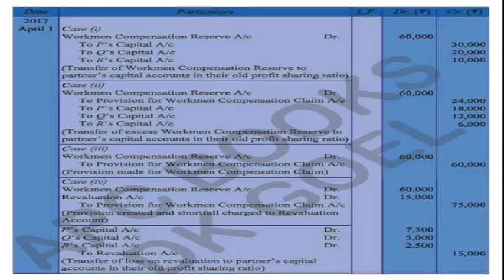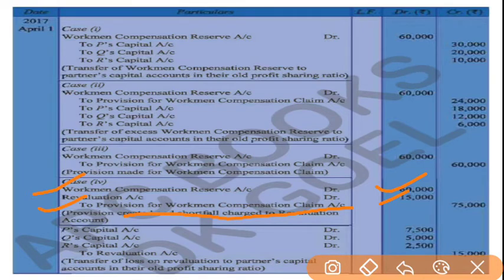See how we will do. First of all, workers compensation reserve is 60,000, revaluation account will be debited by 15,000, and provision for workers compensation claim is 75,000. So we are having 60,000 as our reserve, but the claim is 75,000. So the remaining 15,000 will be adjusted by revaluation account. Then this 15,000 will be distributed among partners.